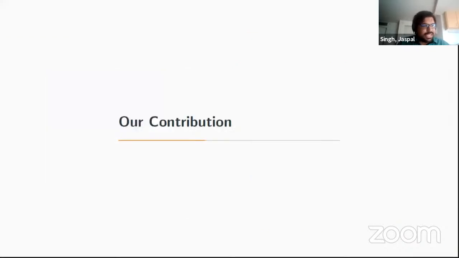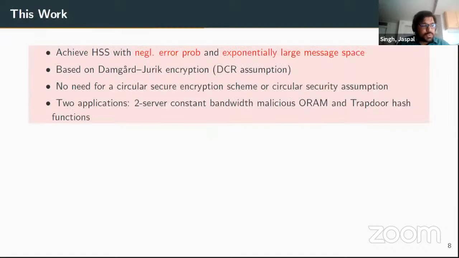Coming to our contributions for HSS. In this work, we introduce a new HSS construction with negligible correctness error, p, and for exponentially large message spaces M for RMS programs based on Damgård-Jurik encryption scheme. An HSS that fails with negligible error was previously only known to be based on LWE assumptions, whereas our construction is secure assuming the DCR assumption as well.